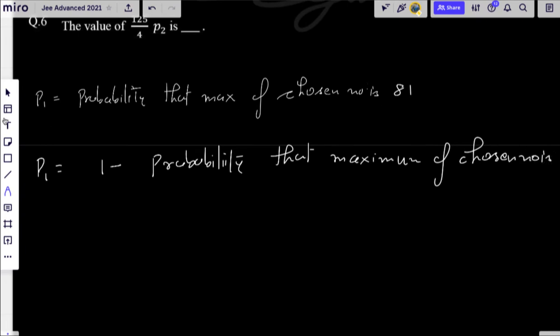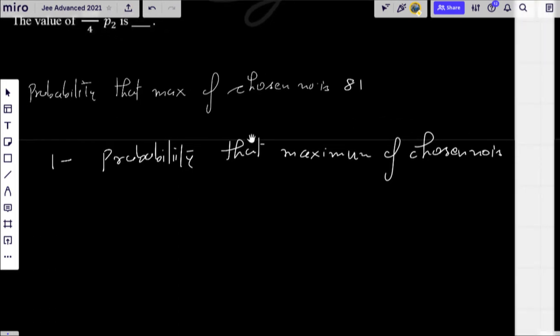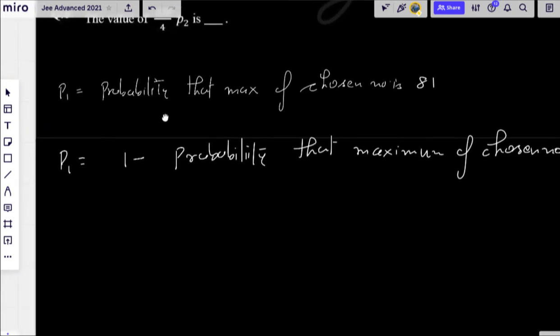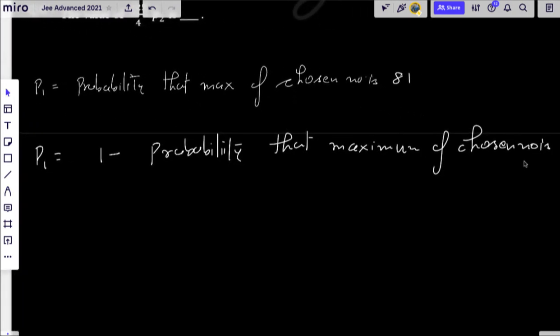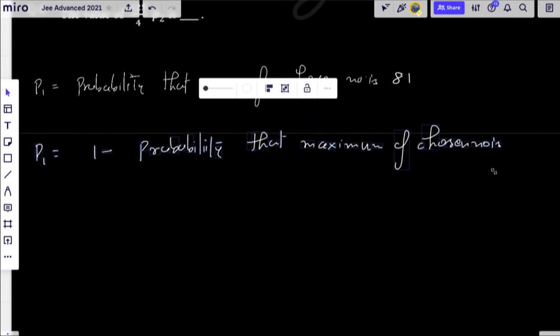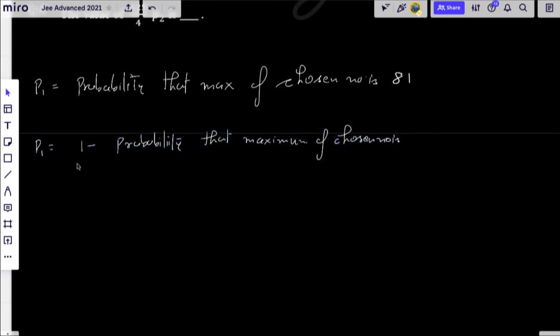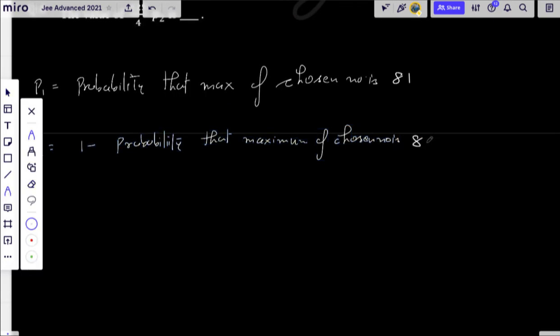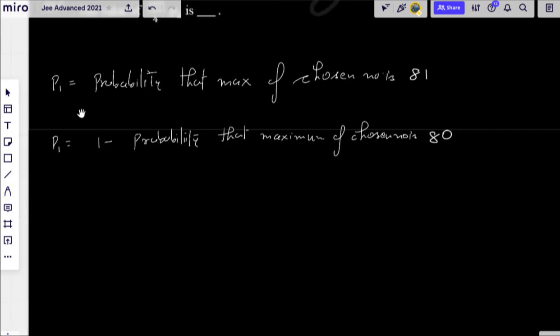Here 81 is to be considered, but as we are subtracting, we have to go for 80. So the maximum chosen number is 80. That is the important point to be noted here, nothing else.